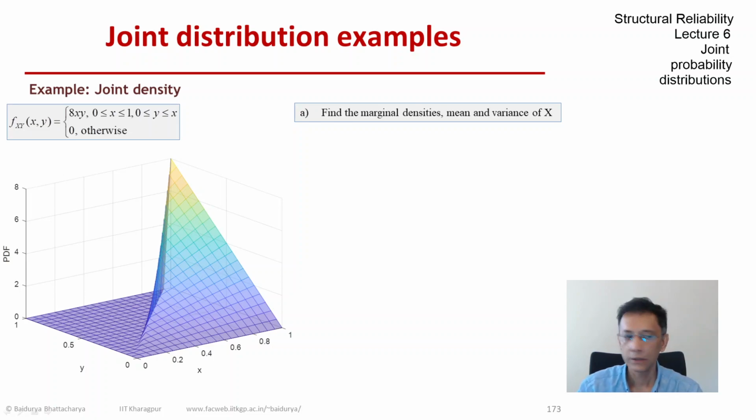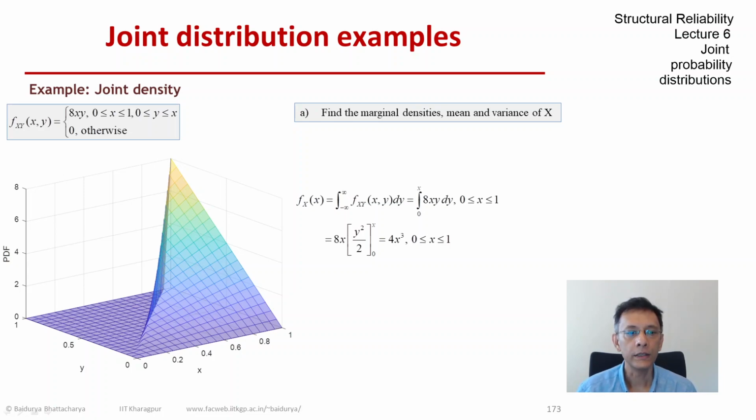So let's proceed with finding the density of x, which is nothing but integrating out y from the joint density. So that's what we would do. We would integrate out y. Now the limits of y depend on x, so that's what we are doing here in the integration.